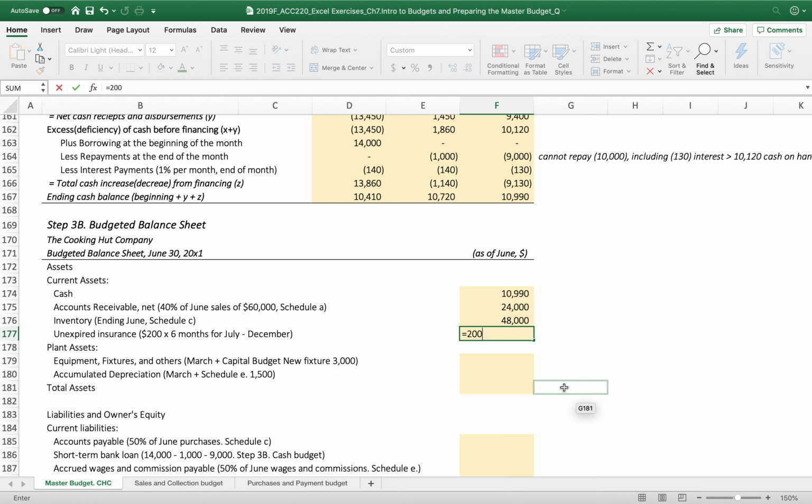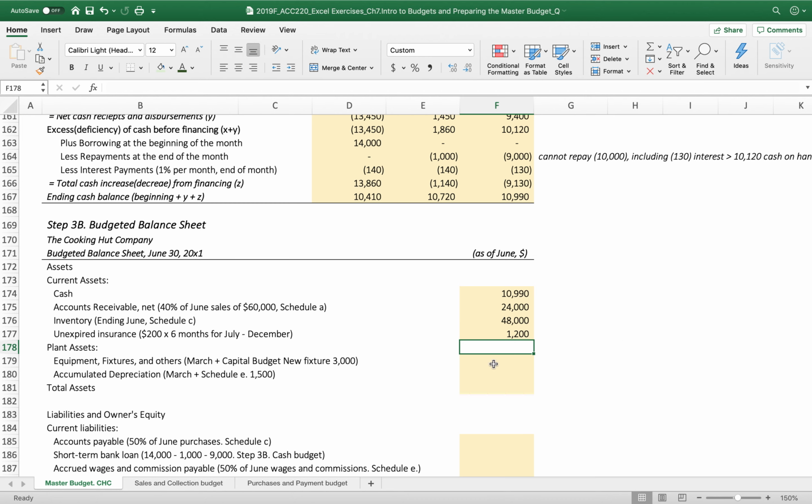So 200 times 6. That is the amount we already paid. The company already paid from July to December, which is the prepaid insurance expense. It can be classified as an asset because that is the right to receive the service.